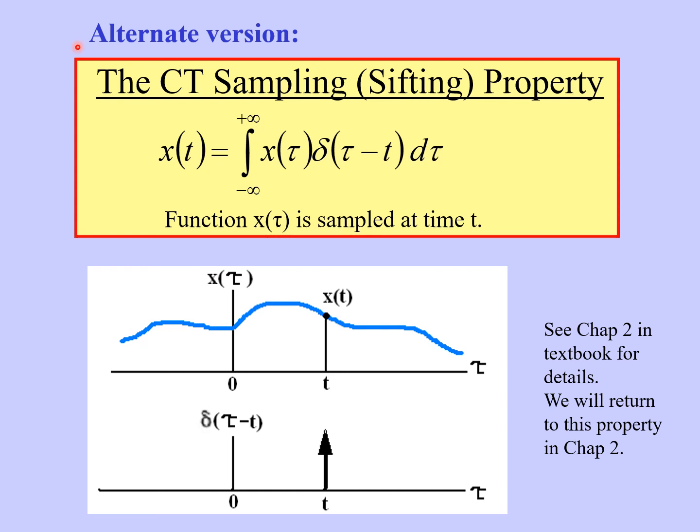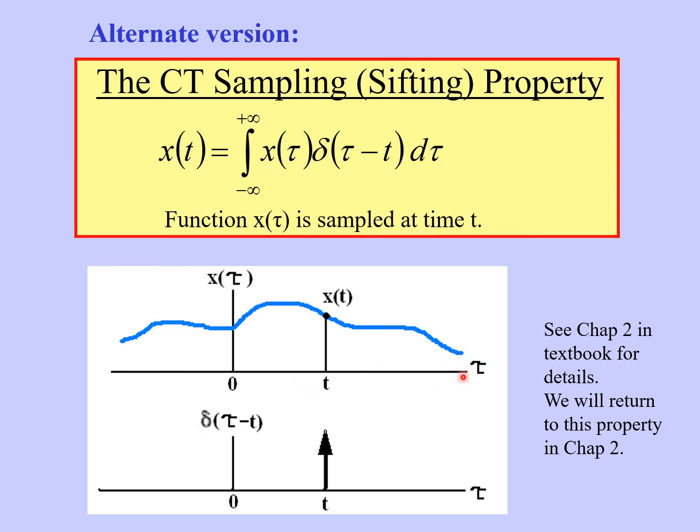There's an alternate version, which we will also encounter in Chapter 2 when we do a little more advanced topic with some of this sampling and sifting. But we can swap the roles of t and tau, and we end up with this alternate version where we're basically sampling the function x of tau.